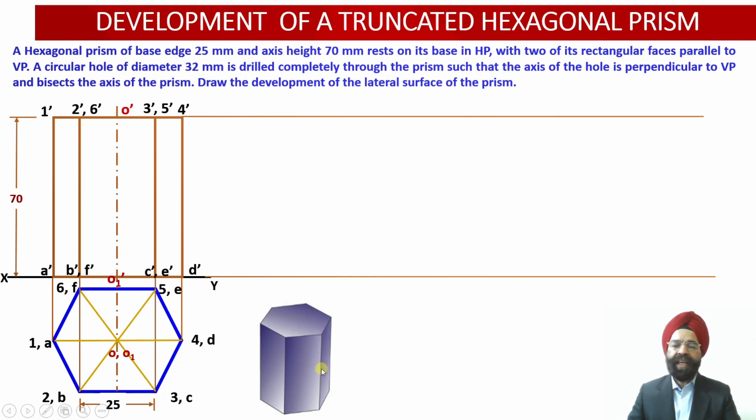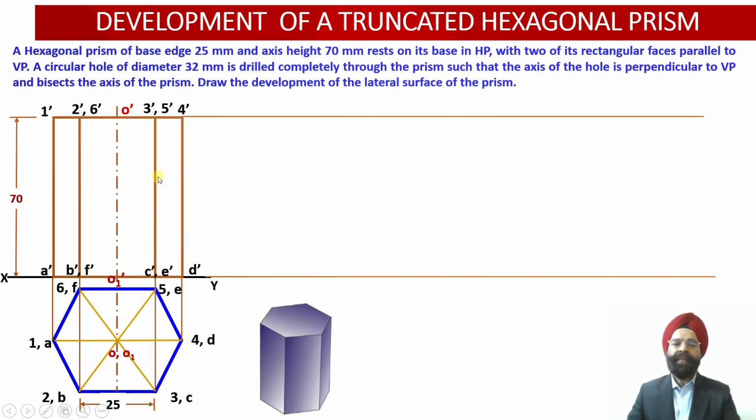So this vertical edge 3C is going to overshadow or overlap the vertical edge 5E in the front view projections over here. So that is why the object line projections corresponding to the vertical edge 3'C' have coincided with the dotted line projections corresponding to the vertical edge 5'E' in the elevation projection view.